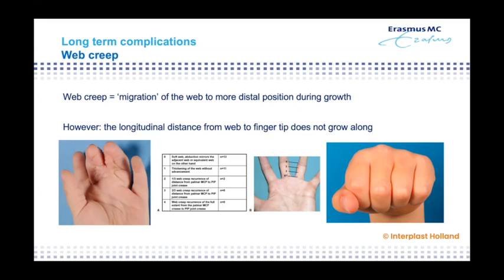So actually the web doesn't creep, but the scar tissue pulls it more distal.